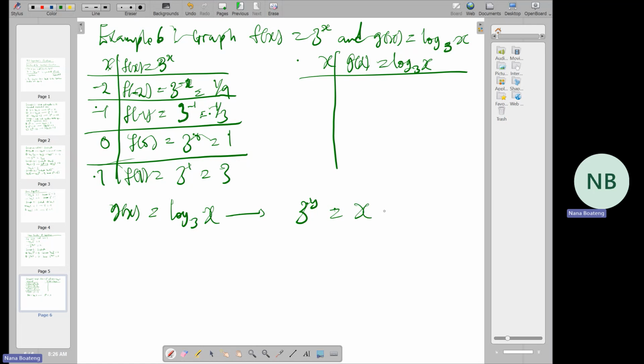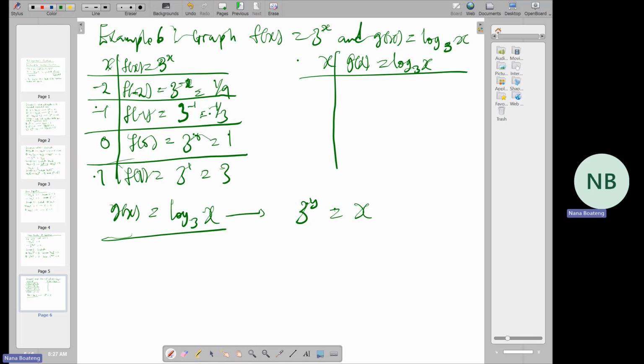So what this means is that to graph g of x equal to log to the base 3 of x, the y values of f of x become the x values of g of x, because g of x is equal to 3 power y, and f of x is equal to 3 power x.